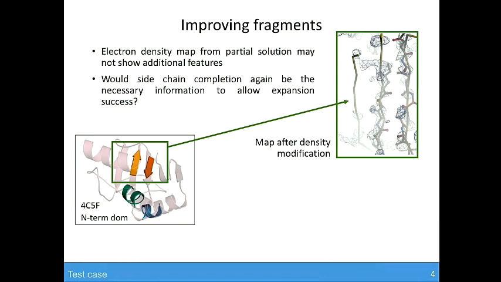So here I'm generating a map after density modification of those placed fragments and from the original placed C-terminal domains. And if you look here, in sticks we have the located fragments, and in ribbons we have the final structure. And in this region we may see that the electron density doesn't really show us additional features for this additional strand.